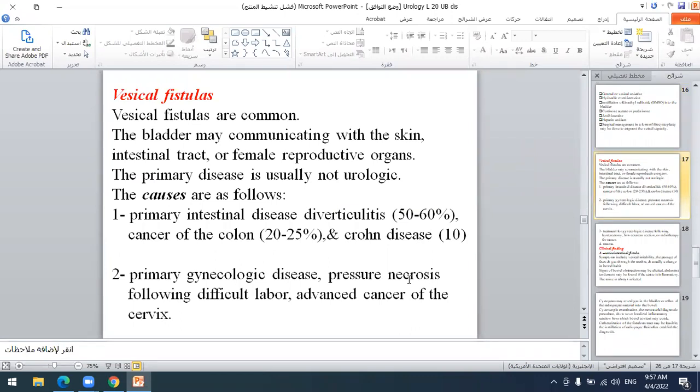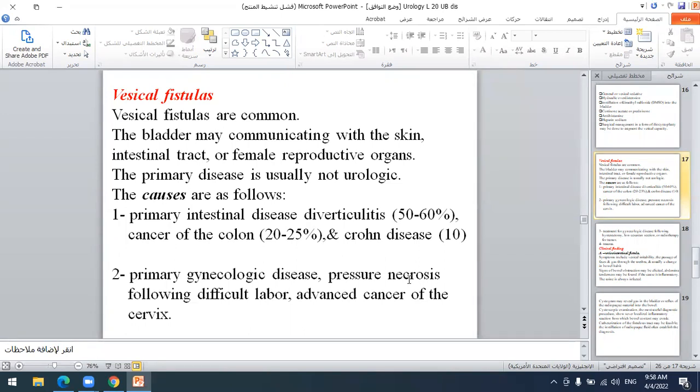As you know, a fistula is an epithelialized tract between two different mucous surfaces. So it is either between the bladder and the skin, between the bladder and the GIT or gut, or between the bladder and the female genital tract. The most common type of vesical fistula is the VVF, the vesicovaginal fistula.